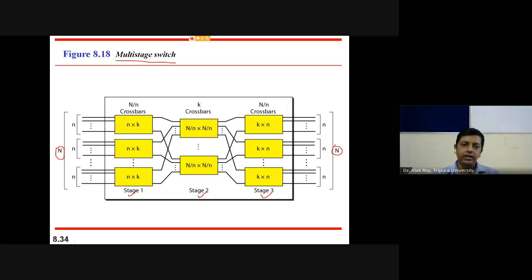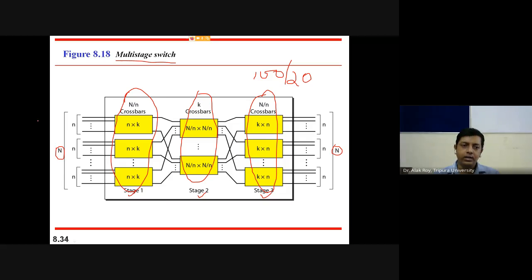In this figure, they are using n by n crossbar switches at stage 1, k crossbar switches at stage 2, and n by n crossbar switches at stage 3. Capital N example 100 and small n example 20.